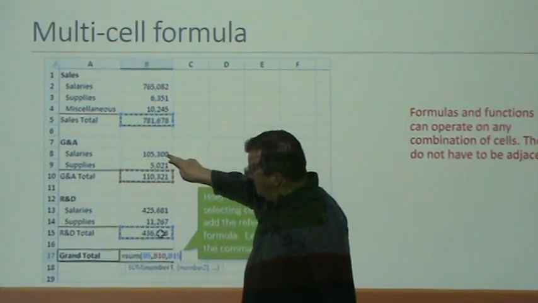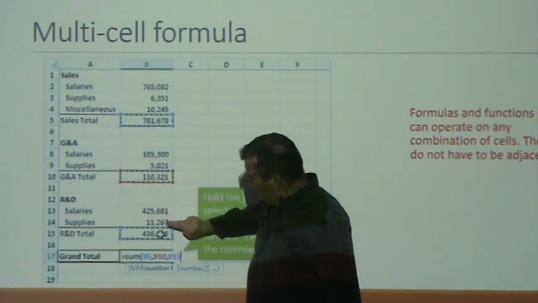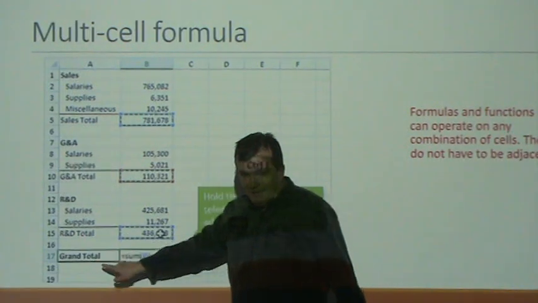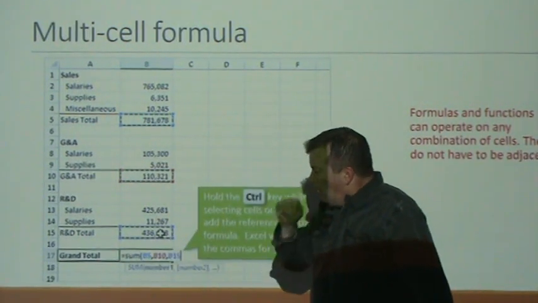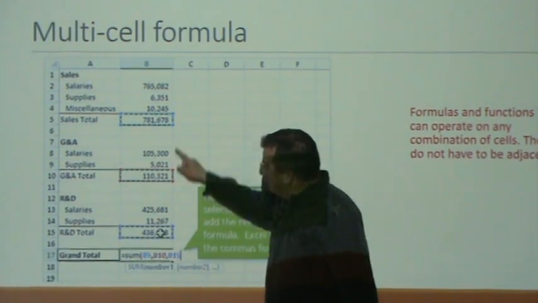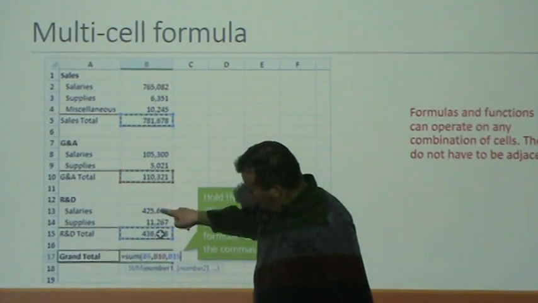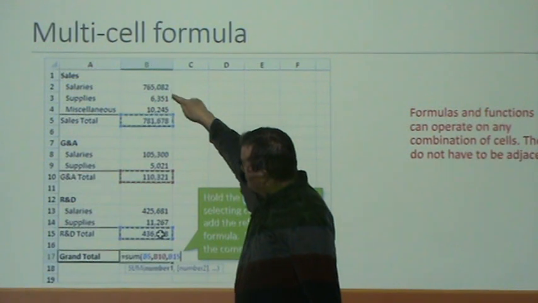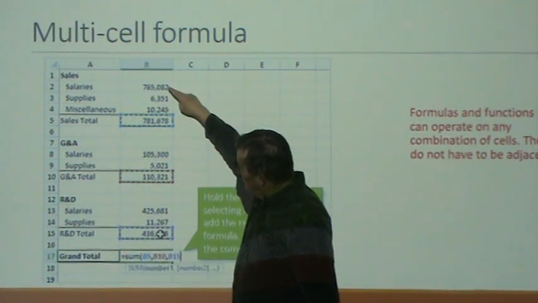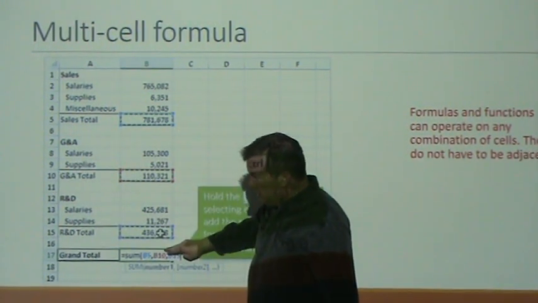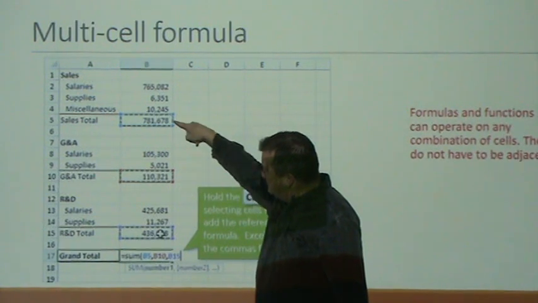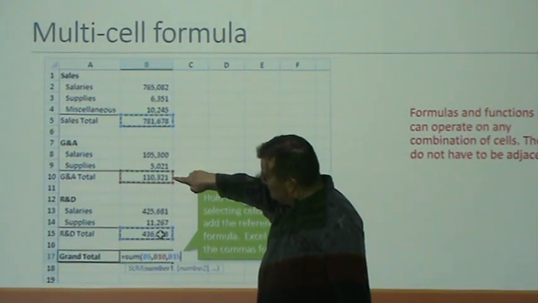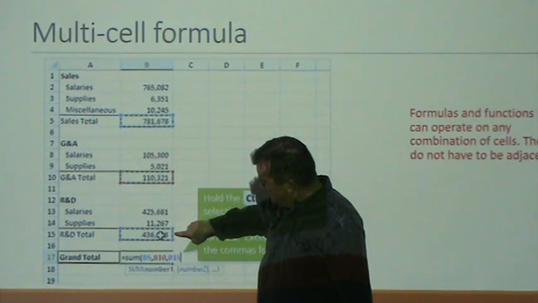This box would be the sum of these. This box would be the sum of these. Now, if we wanted to have a grand total, the grand total would not be the sum of all of these boxes, because then we'd be adding numbers twice. This number represents this plus this plus this. So we don't want to sum up this whole column. We only want to sum up this subtotal, plus this subtotal, plus this subtotal.